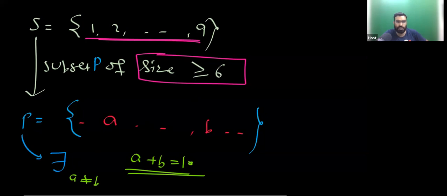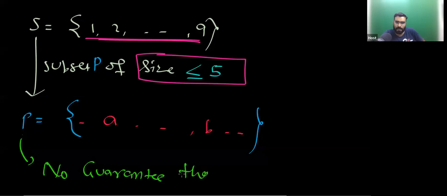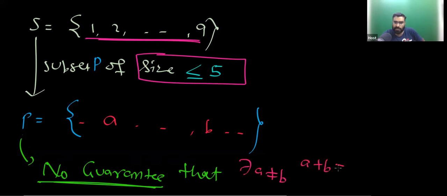With less than or equal to 5, there is no guarantee that there exist A comma B whose summation equals 10.